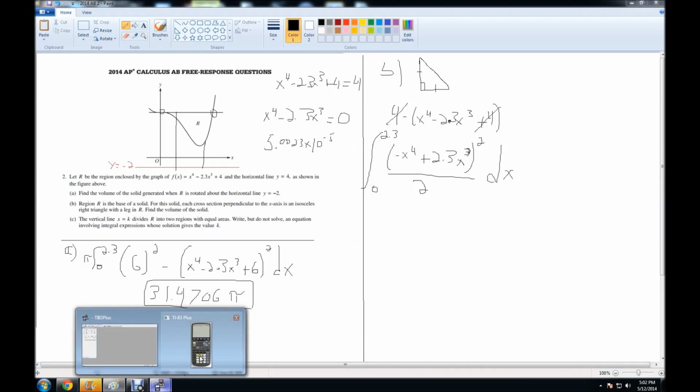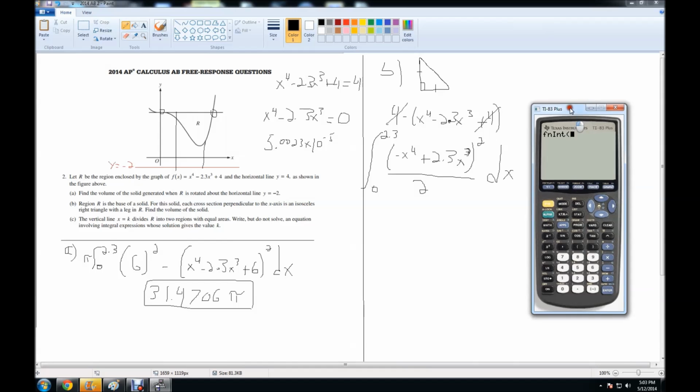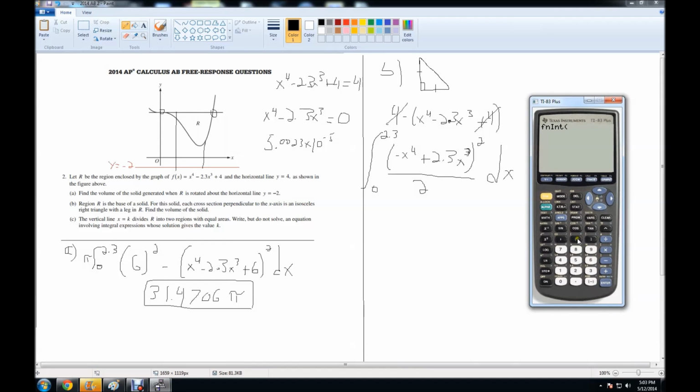So now let's go back to our calculator. Integral of parentheses, parentheses, negative x to the power of 4 plus 2.3 x to the power of 3, close the first parentheses, square it, close the second parentheses, divided by 2, comma x, comma 0, comma 2.3.